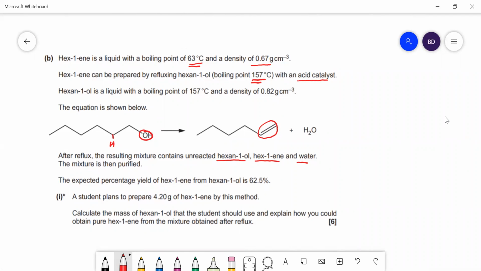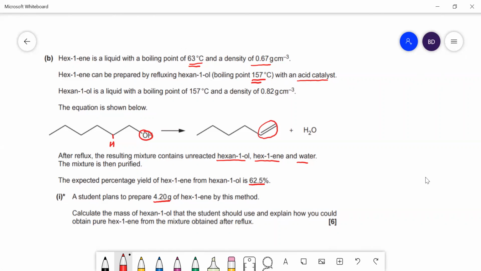Right, now the expected percentage yield, it's just a calculation, this first bit, is 62.5%. A student wants to make 4.2 grams of hex-1-ene by this method. Calculate the mass of hexan-1-ol he should use. Okay, let's do the calculation bit first. We need the Mrs of these things.